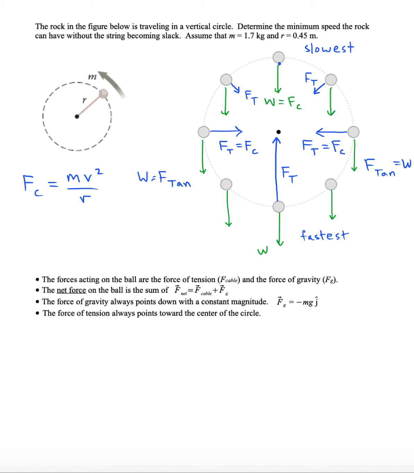All right, now using this information, we can find out what speed the rock has to be moving at the peak in order to maintain its circular motion. We'll use the centripetal force formula, but we'll let the centripetal force be the weight of the object at the peak. So we would have that, and we just have to plug in, and then we can solve for v. The mass was 1.7 kilograms. g is 9.8.